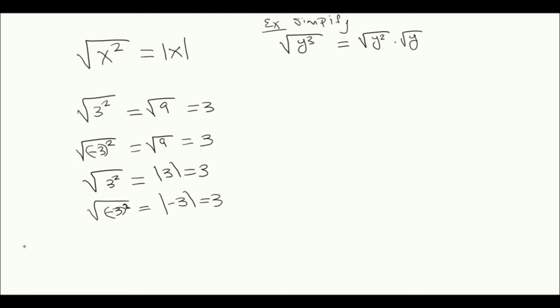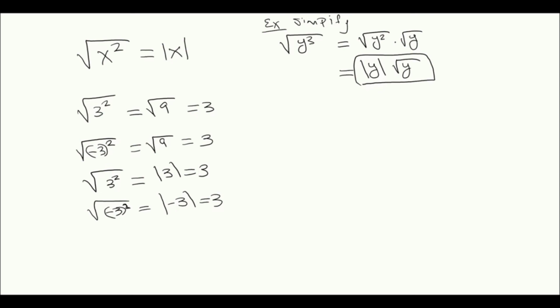But here, for the square root of y squared, you're going to write the absolute value of y, and then multiply it by the square root of y. So this will be the proper simplified version of the square root of y cubed. And you have to leave the absolute values, since we don't know that y is greater than or equal to 0.